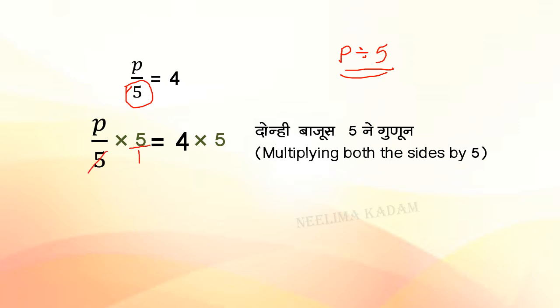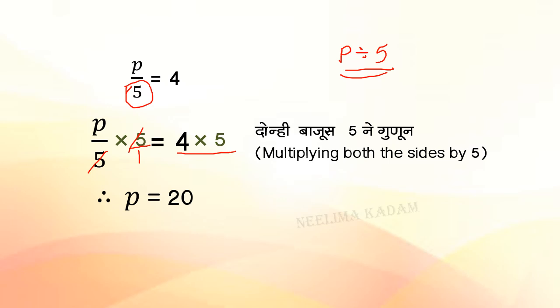So 5 ones are 5, 5 ones are 5, getting cancelled because this is 5 upon 5. So on the left hand side only p remains, that is the variable, and here 4 fives are 20. What is the answer? Yes, p = 20. So the value of this variable is 20. Here we have solved the equation.